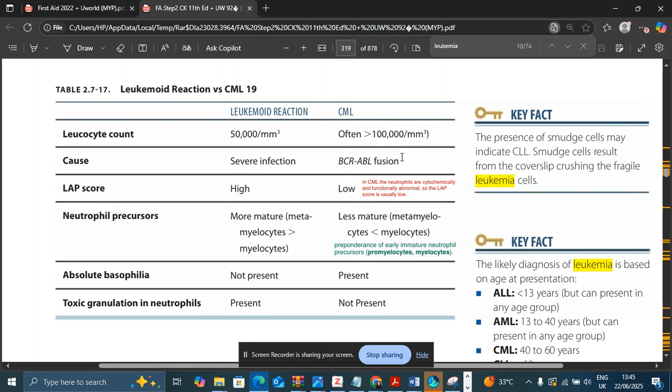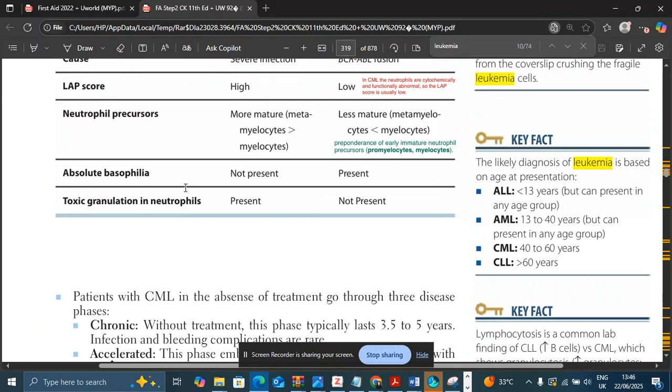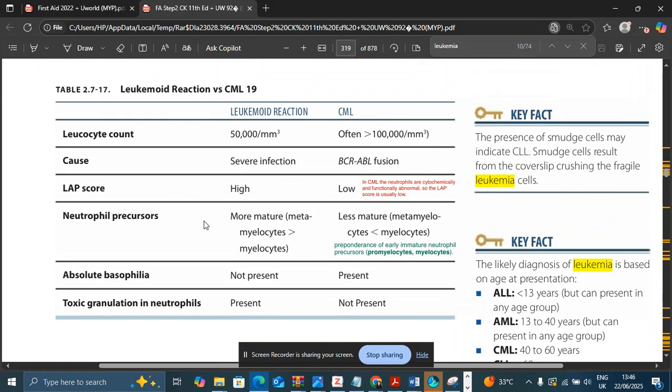So in the question stem, see the leukocyte count. Also the LAP score, leukocyte alkaline phosphatase, is high in leukemoid reaction, and the LAP score is low in CML. In the question stem, they can give you the LAP score. If the LAP score is low, most likely it is CML. If the leukocyte count is more than 100,000, most likely it is CML.